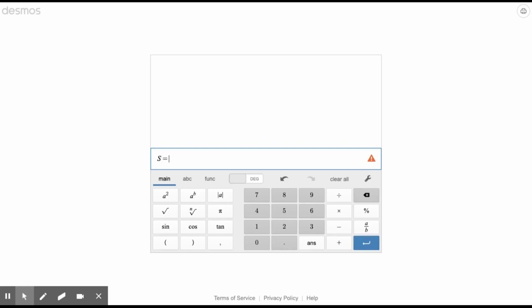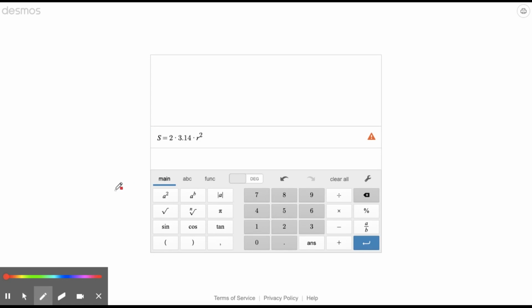All right, so now we have our cylinder. The first thing we need to do, just like with the prisms, is type in our surface area formula. So my surface area for a cylinder is equal to 2 times, we said pi was 3.14, times my radius squared. If I need to square a number, I need to click this button there.